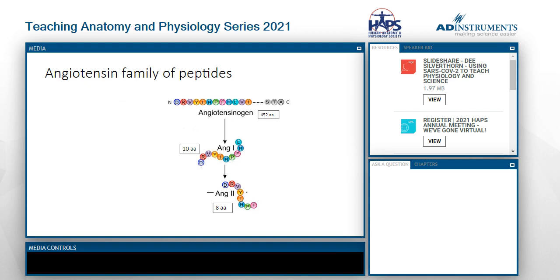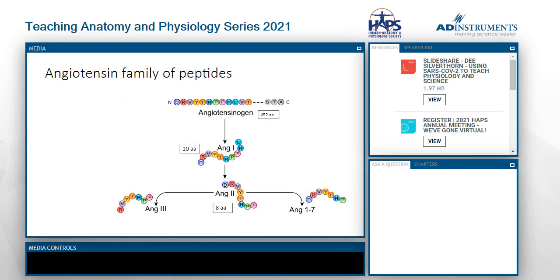What I think most of us don't teach in a normal physiology course is what happens to angiotensin 2. What are the metabolic products of all this pathway? One of them is angiotensin 3, where a single amino acid has been removed from the N-terminal end of angiotensin 2. The other one, also a 7 amino acid peptide, is angiotensin 1-7, which is removal of the C-terminal amino acid.